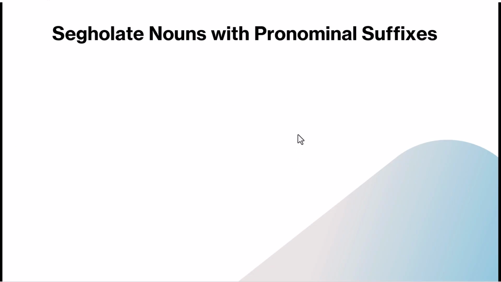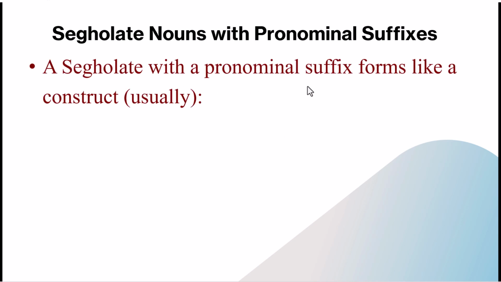Let's look briefly at Segholate nouns with pronominal suffixes. So a Segholate with a pronominal suffix will usually form like a construct. So for instance, here is malkekha, your king.